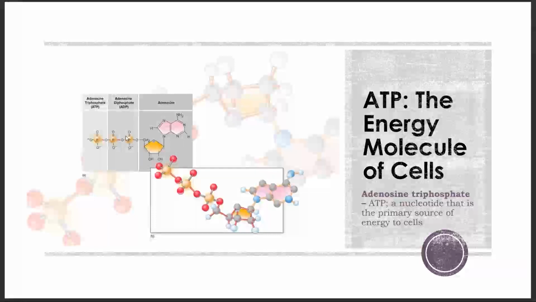But if we had multiple phosphates on the end and get an adenosine triphosphate, we can use this molecule as the energy currency for the cell. It's often referred to as ATP. So this would be the primary source of energy when we start talking later on with metabolism, glycolysis, the electron transport chain. We'll talk about how much ATP is actually being produced.